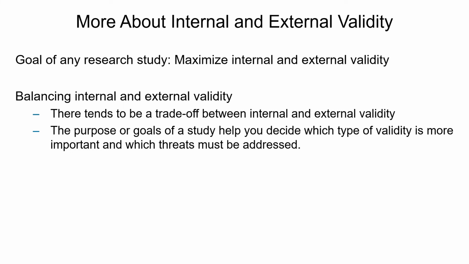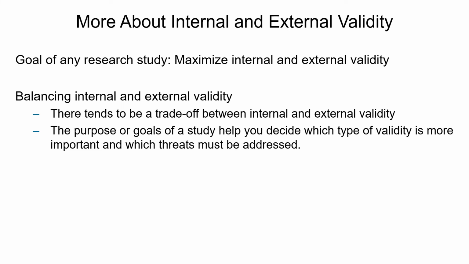That is, increasing internal validity by default is going to reduce external validity. If you put some people in a sterile environment where everything is controlled for, you've put them in such an artificial environment that you've weakened the generalizability of your results. You've weakened the external validity of your results.